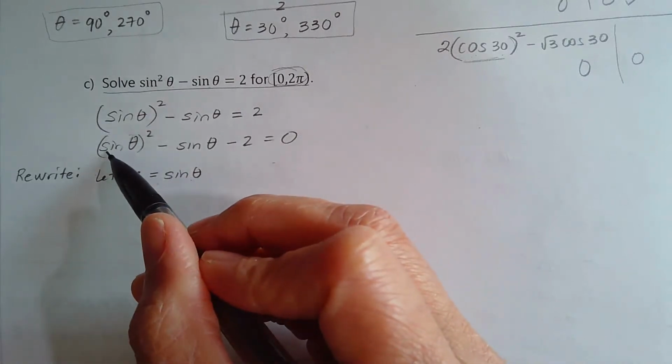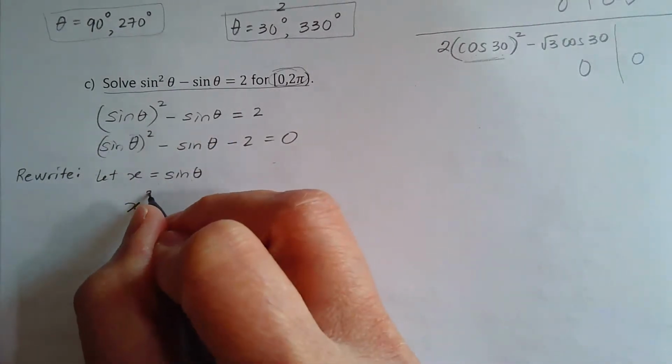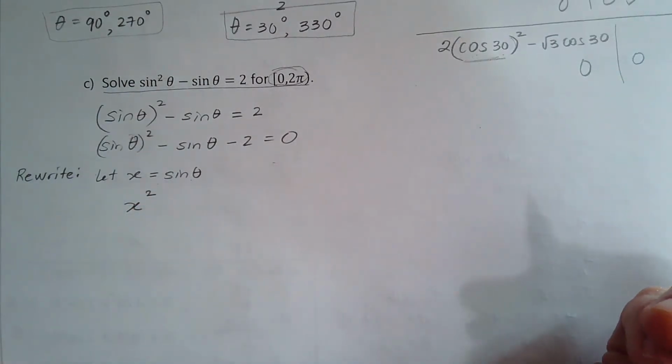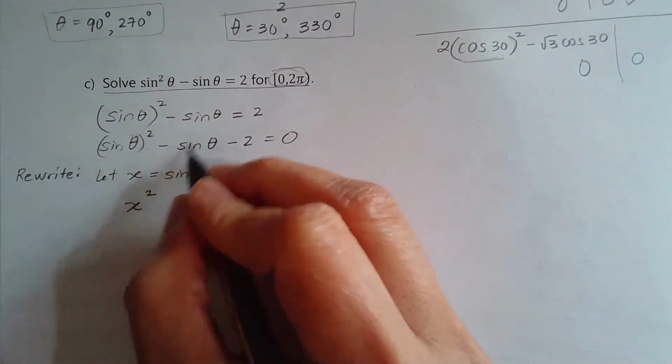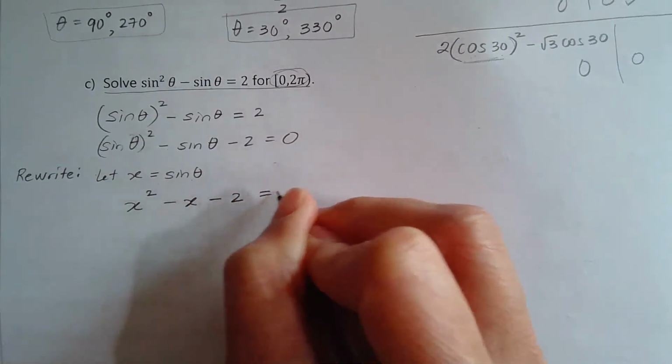Then sine theta squared becomes x squared, minus x, minus 2 equals 0.